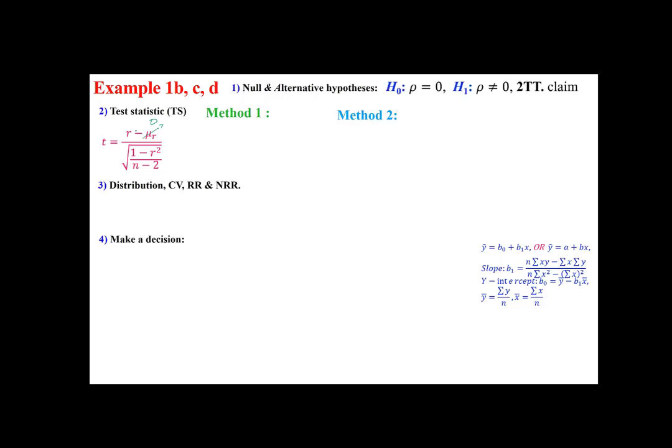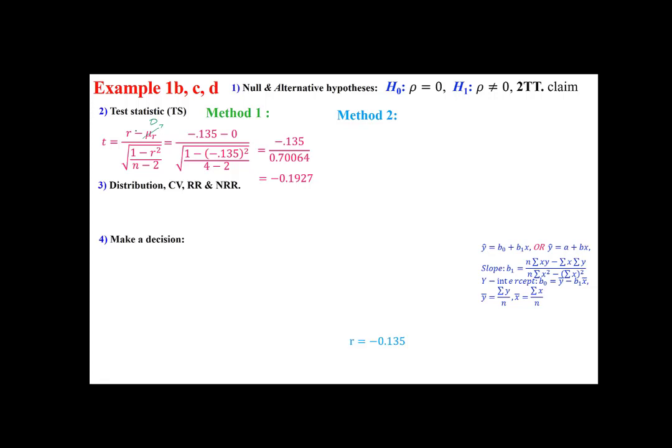Okay, so this is H0. Nothing is changed. Rho is 0, and rho is not equal to 0, a two-tailed test. And you come up with t when you plug in the value of r that was calculated, and you end up with negative 0.1927.